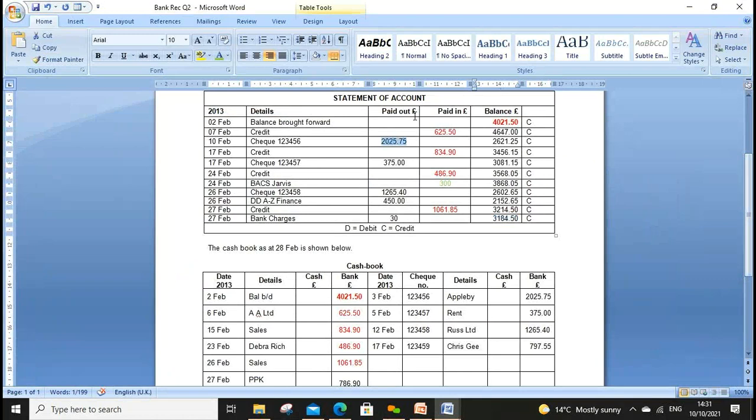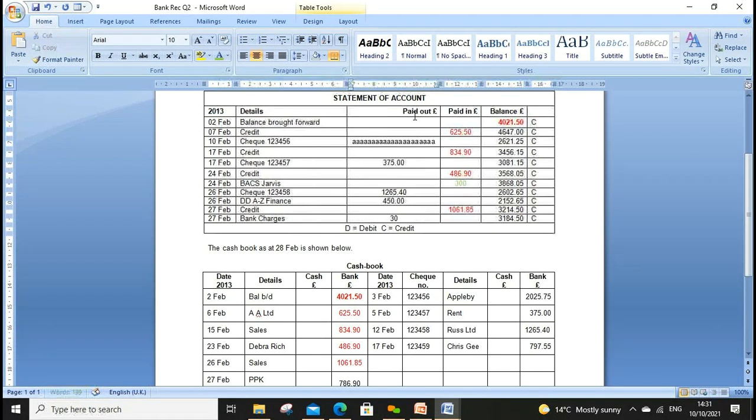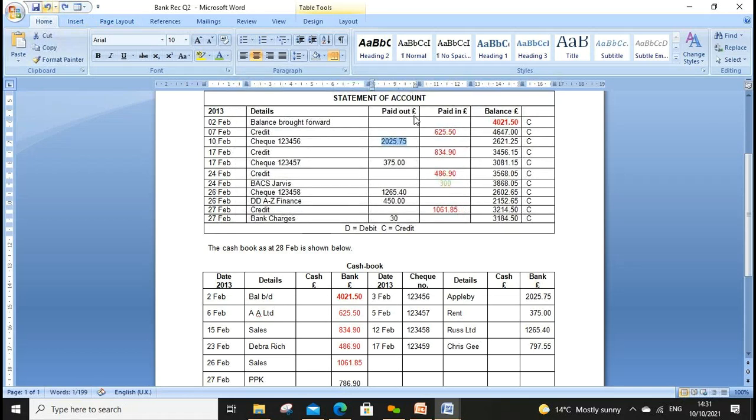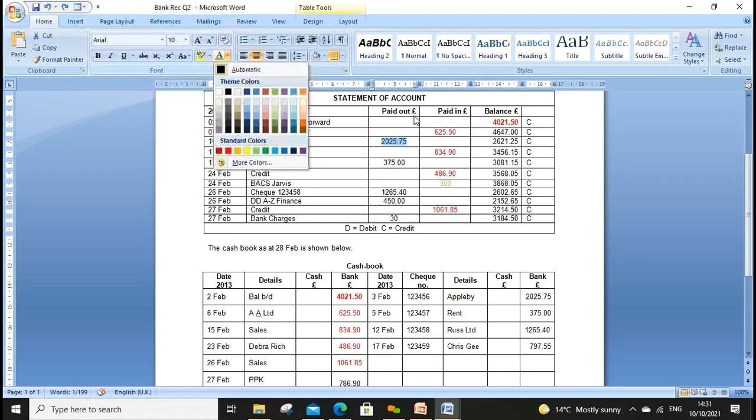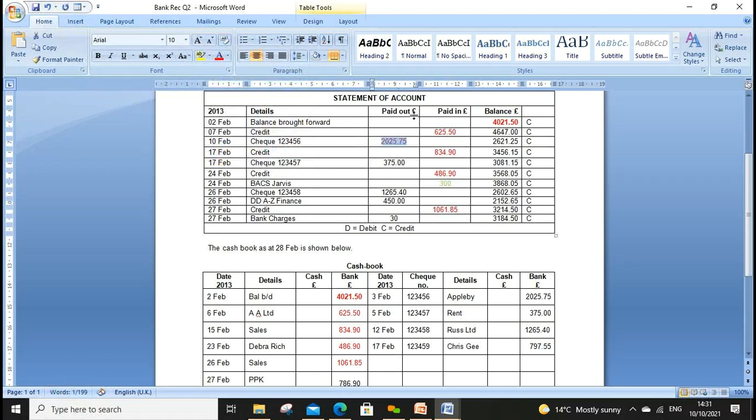Then look at the money out from the bank, and I'll use this color for matching. You will see that's a match. We need to make sure we match each one, and those not matched we'll add, and 3, that's a match.